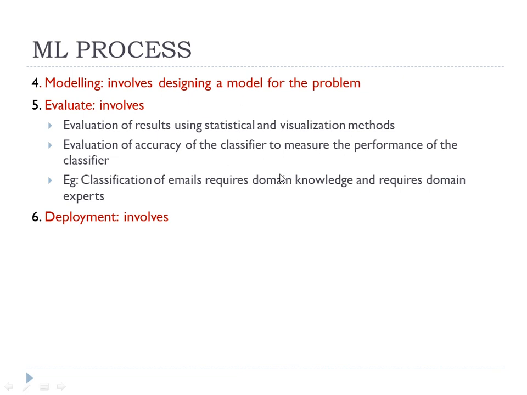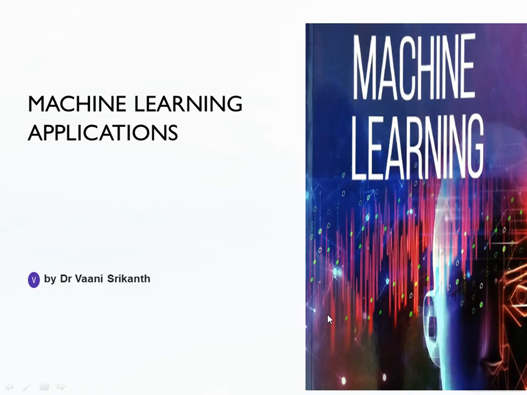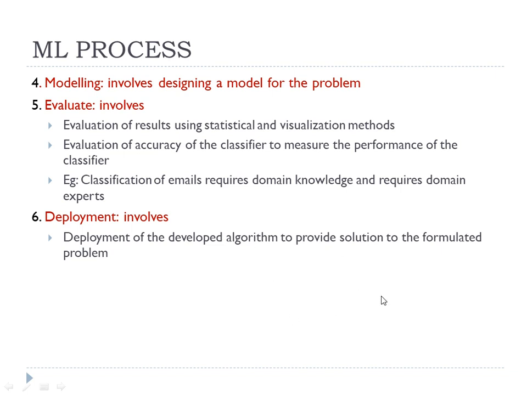Once the evaluation is done, the next and very important step is that you have to deploy it. Deploying is basically deploying my algorithm in order to provide a solution. How are you going to deploy your algorithm to provide a solution for your formulated problem? That would be the last and most important step. You have evaluated every algorithm, and it is good enough.